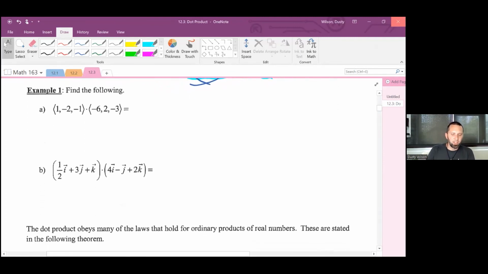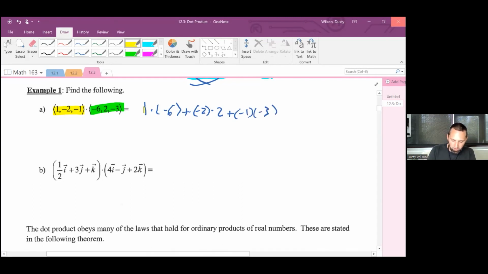Example 1: if we want to find the dot product of ⟨1, -2, -1⟩ and ⟨-6, 2, -3⟩, then we will take 1 times -6 plus -2 times 2 plus -1 times -3.